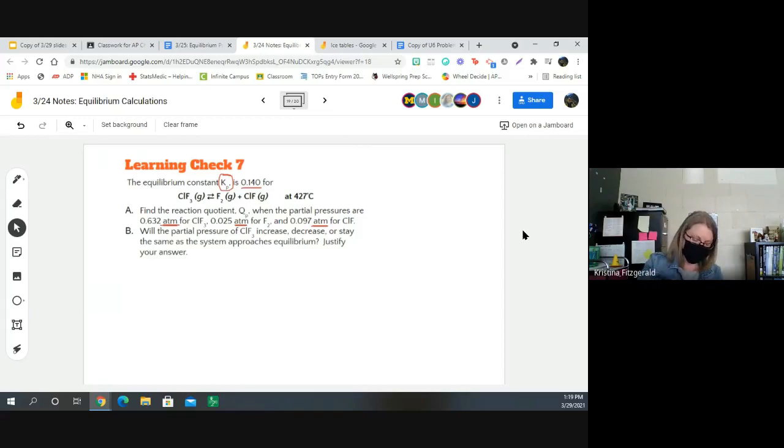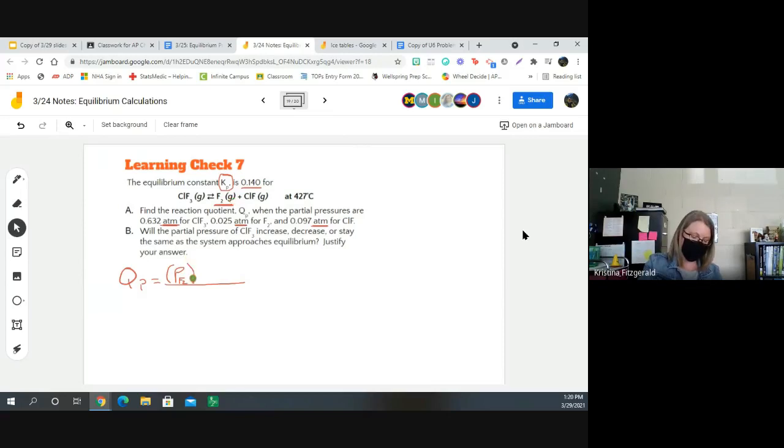We want to find QP. We're not going to use brackets because we're doing pressures, but it's still set up the same way, products over reactants using our exponents. Our notation to indicate pressures is a big P and then a little subscript of whatever you're describing.